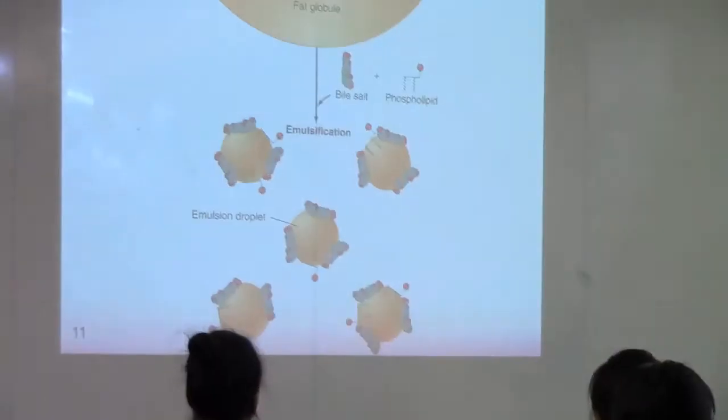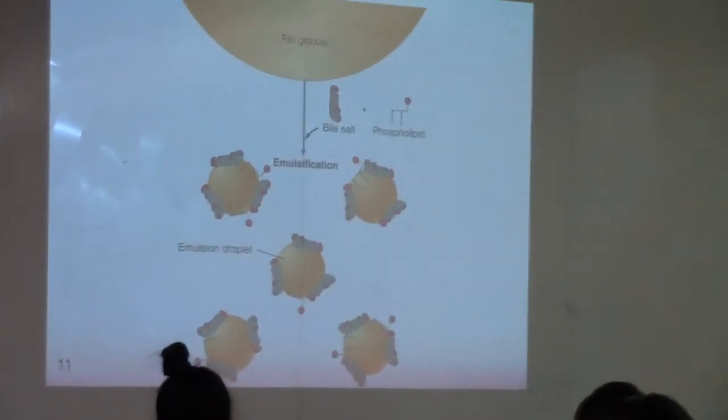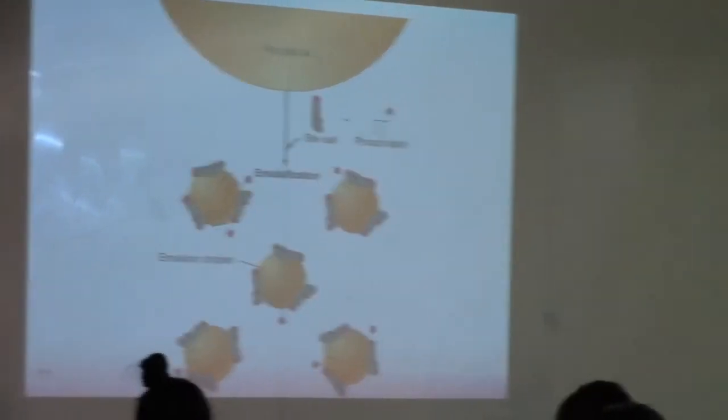But then it gets into your small intestine, where bile from your liver, which was stored by the gallbladder, is a detergent-like molecule because it's amphipathic. And so it emulsifies the fat globule. It turns this macroscopic fat globule into something microscopic, an emulsion of fat and bile salt.